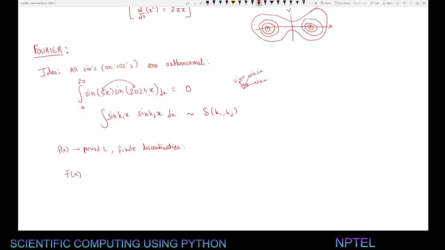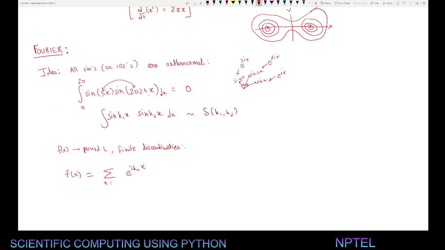So instead of sine, we use e to the power ix, e to the power 2ix, e to the power 3ix, etc., and also minus ix, minus 2ix, right? So f(x) will be a sum over all, not sine, e to the power i k_n x, right?